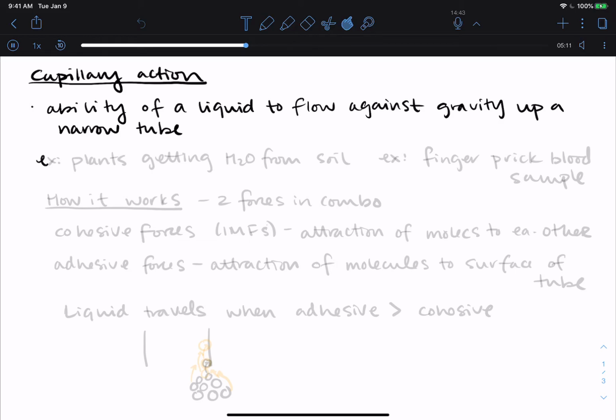So this is, we think about plants, right? This is exactly how plants get water from soil up to the tops of their leaves.